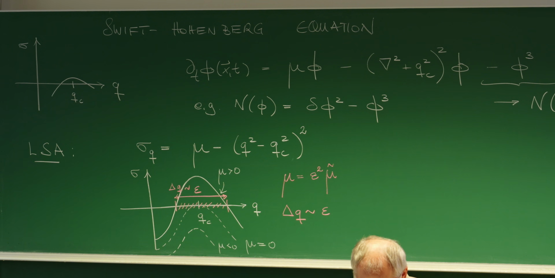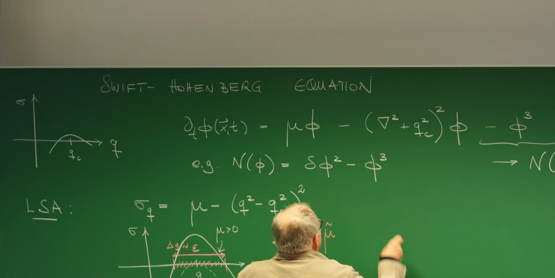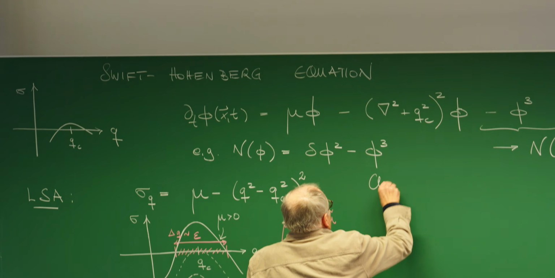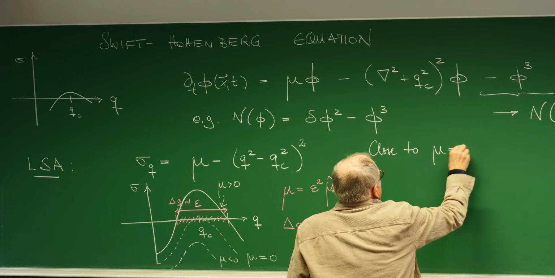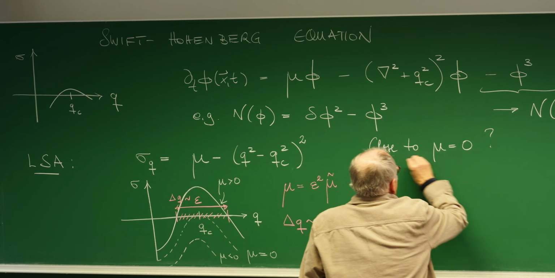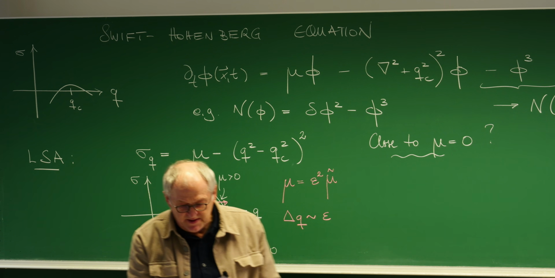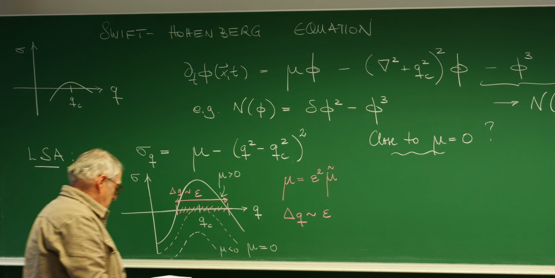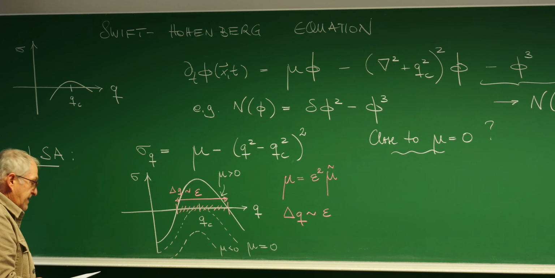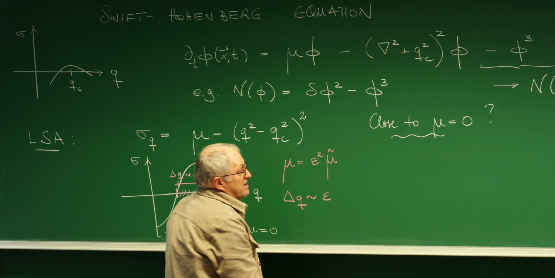Good. Now, how would we analyze the dynamics close to mu equal to 0? So what do we get there? How would we analyze this in terms of equations? Well, let me first do a very simple heuristic analysis.